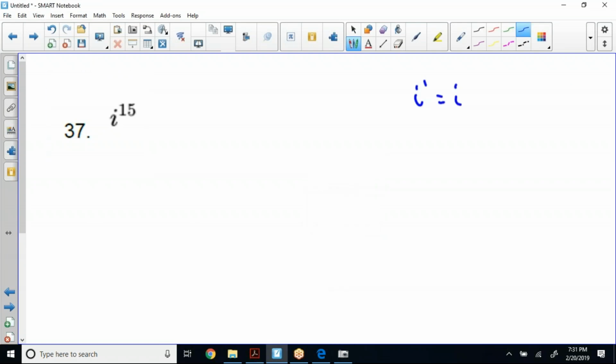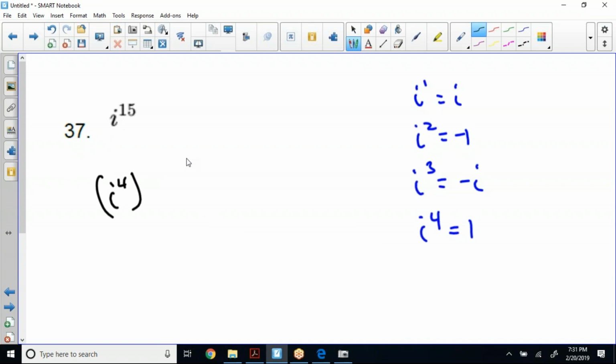i to the first is i. i squared is -1. i cubed is -i. And i to the fourth is 1. So what I'm doing is rewriting these in terms of i to the fourth raised to some power, and my remainder is going to be my answer because i to the fourth is 1.